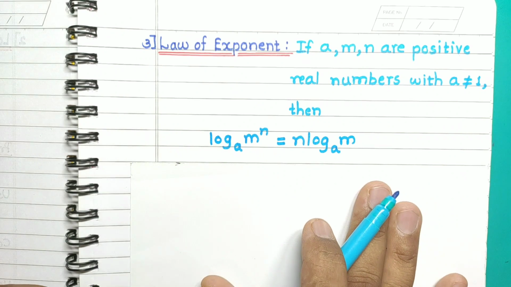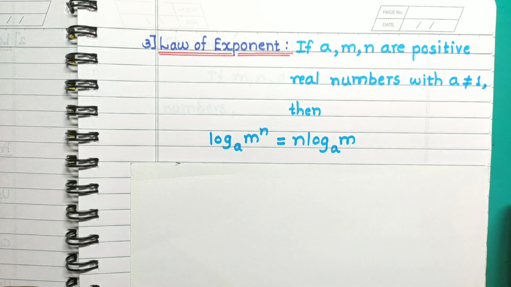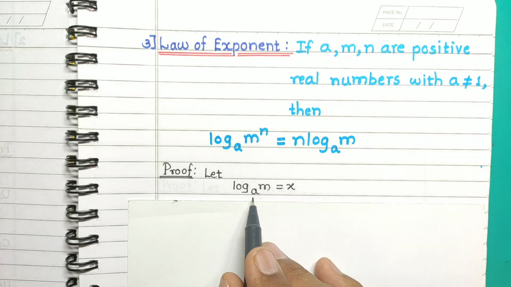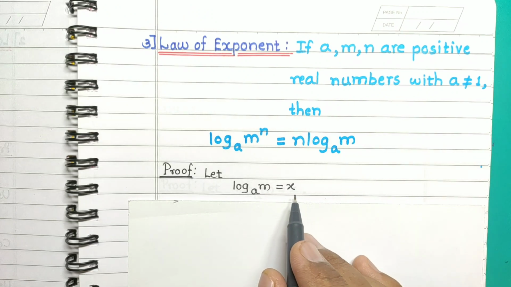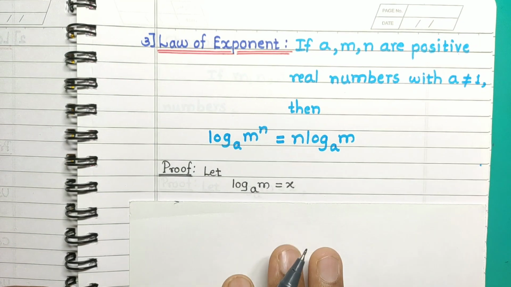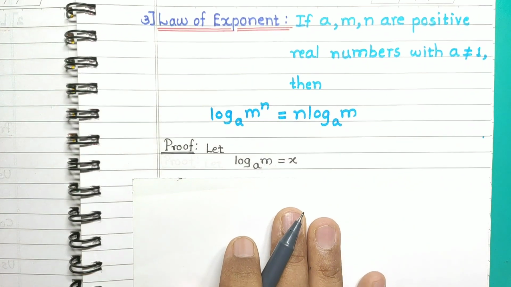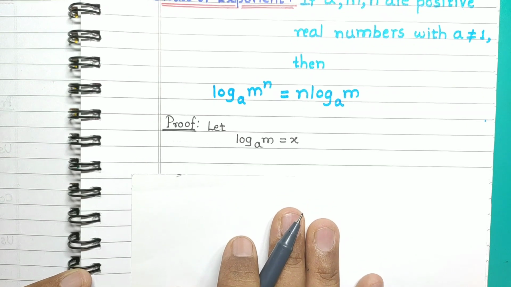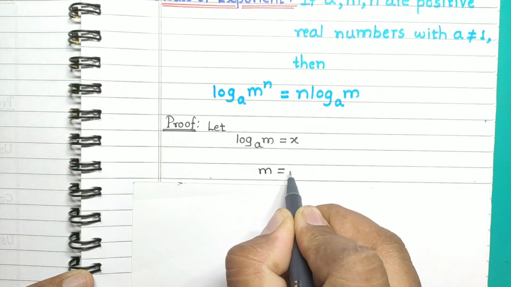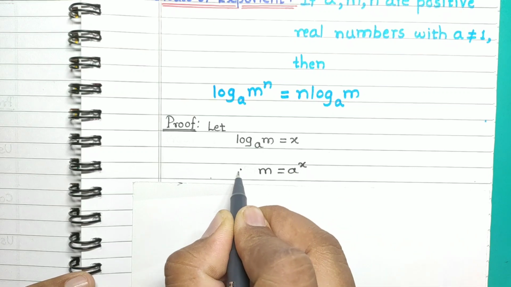Now let's see the proof for this law. Okay. So let log of m to the base a be equal to x. This is the logarithmic form. So the exponential form for this is m is equal to a raised to x.